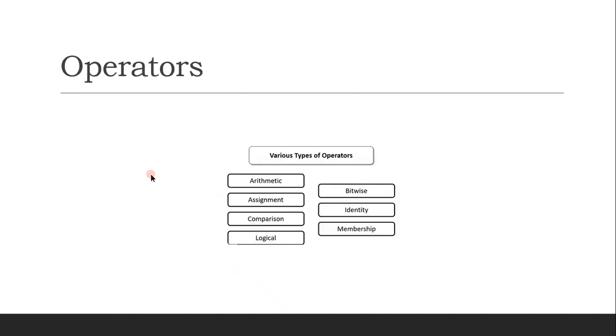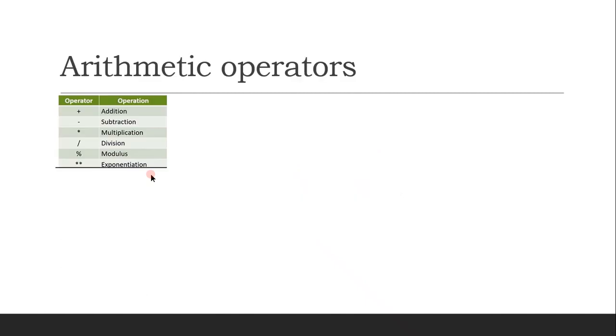Operators. As you know, there are a couple of operator types: arithmetic, assignment, comparison, logical, bitwise, identity, membership. Arithmetic operations include addition, subtraction, multiplication, division, modulus. This is similar to how it works in other languages.